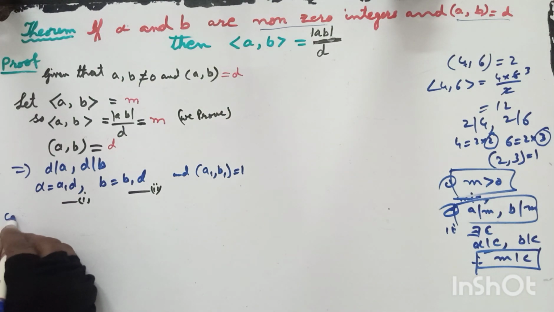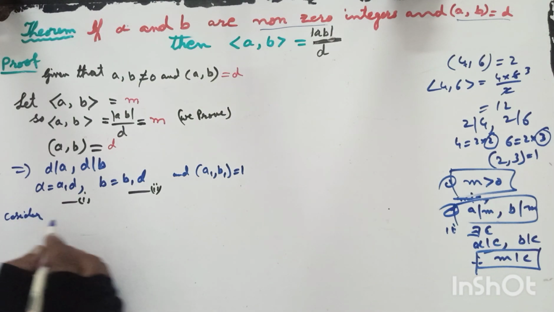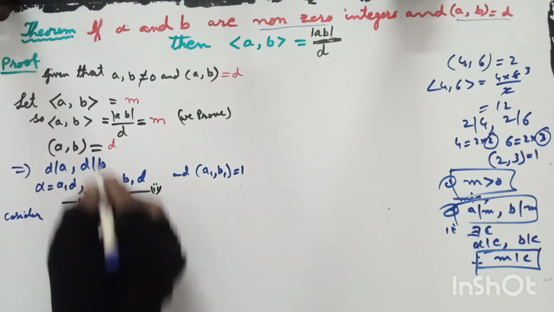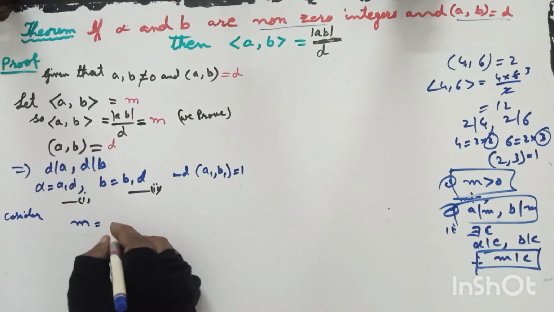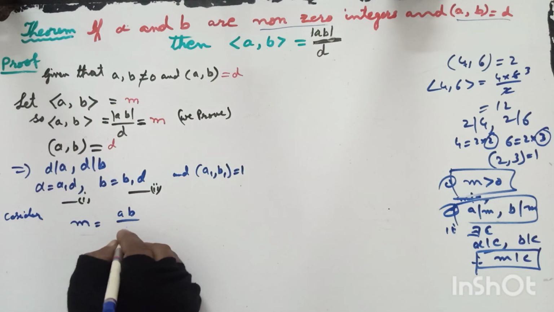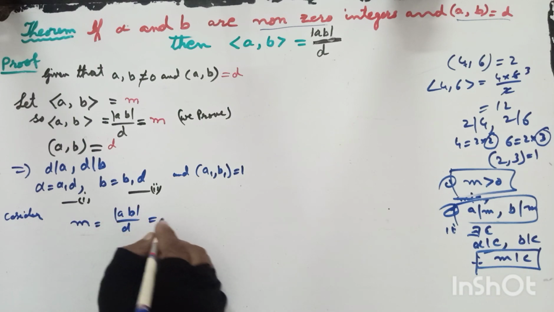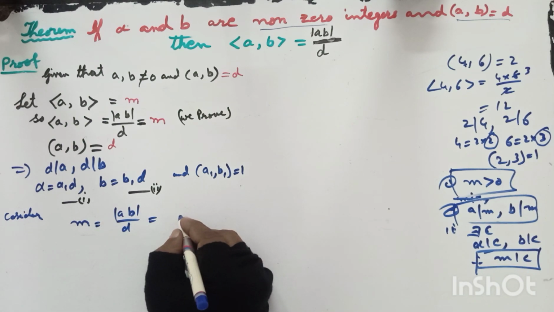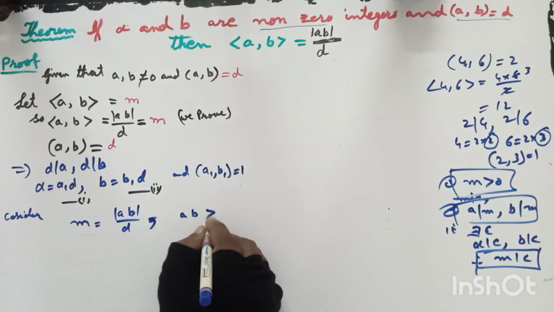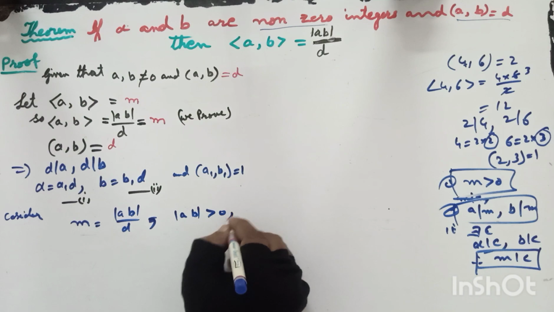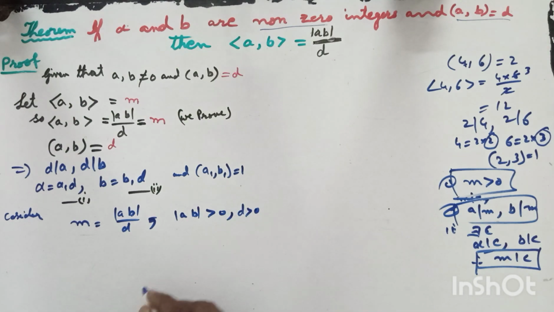For the first condition, consider M equal to this expression, the absolute value of ab over d. As you know, the absolute value of ab is greater than 0, and d is also greater than 0.